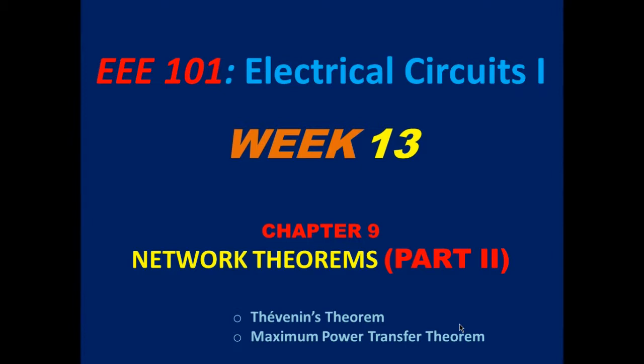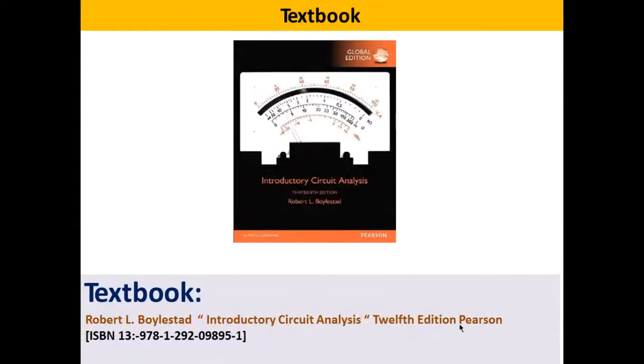We will also learn about the concept of maximum power transfer and how to apply the maximum power transfer theorem to electrical circuits. So we will be using Robert Boylestad's book.